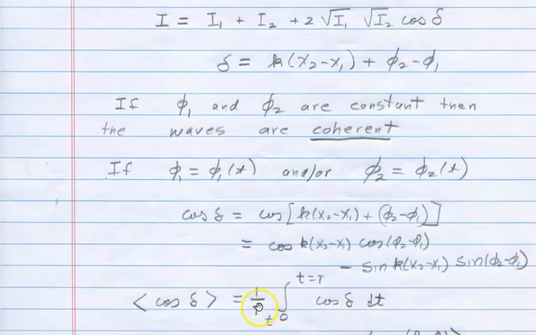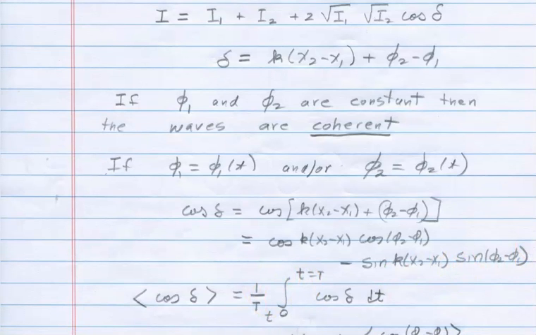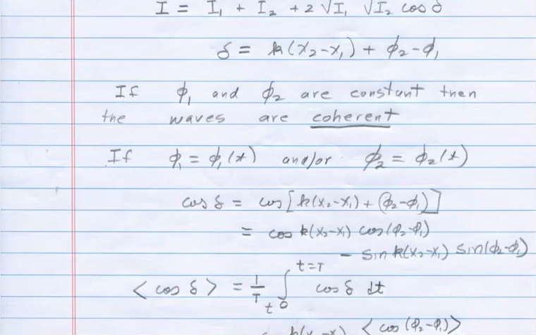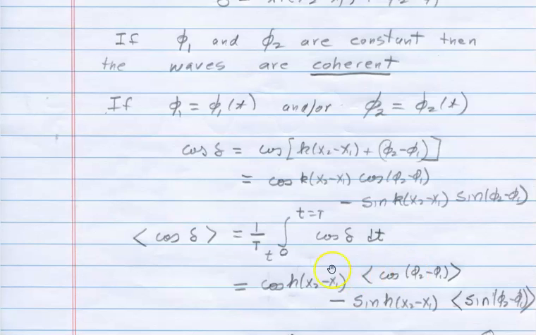And what generally is done is they take 1 over T and average over one period of the wave to get the time average value of this cosine function and sine function. And so one has the time average value of the cosine function times the sine functions.